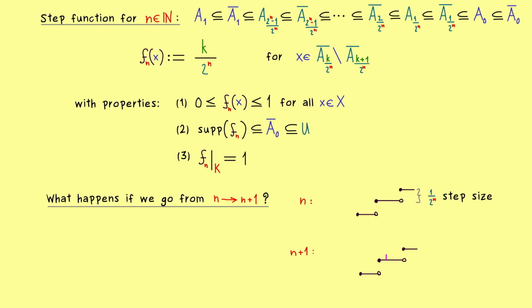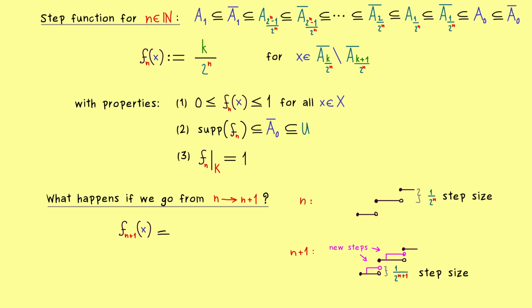But we also know that the new steps are put on top of the old steps. So this is how the construction works, and we see we cannot increase the values by much. The maximal increase is exactly given by the new step size, which is 1 over 2 to the power n plus 1.